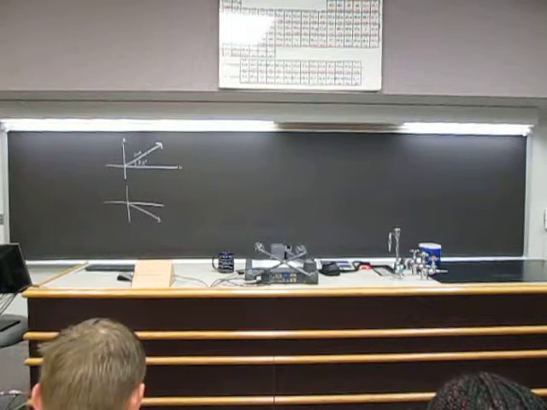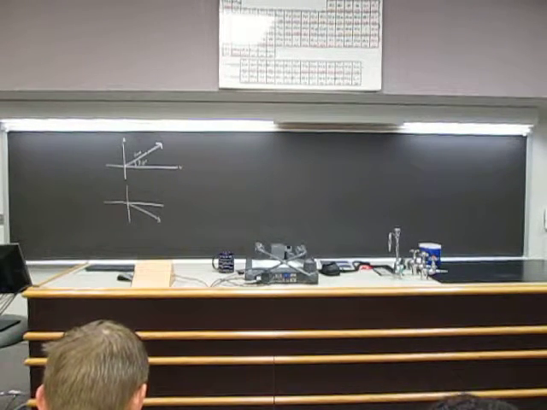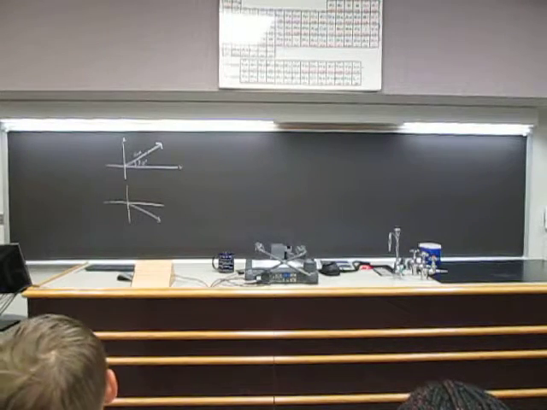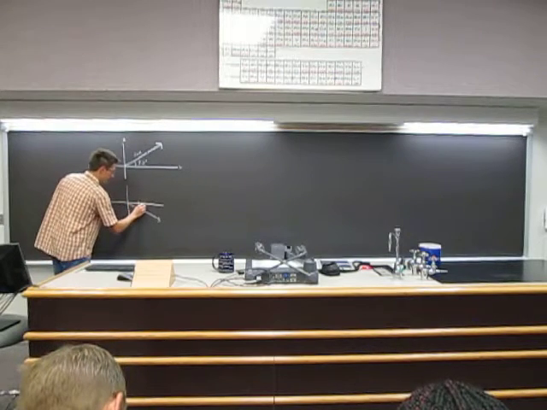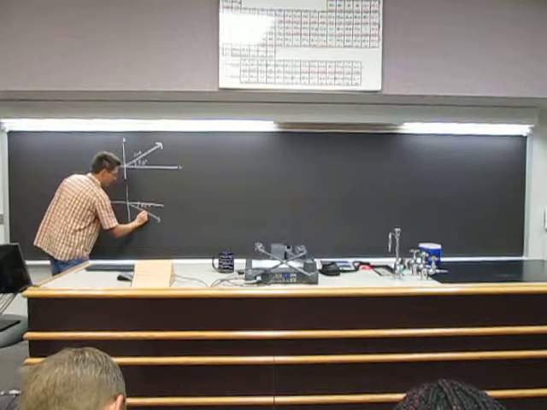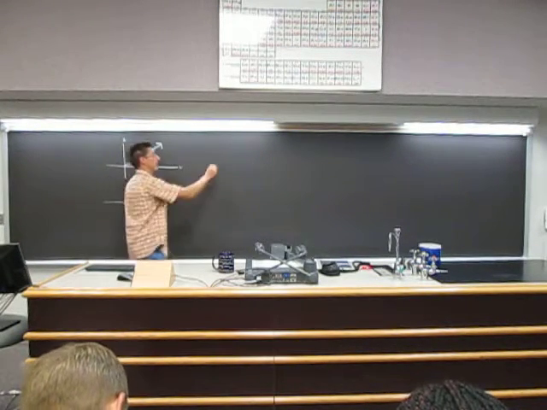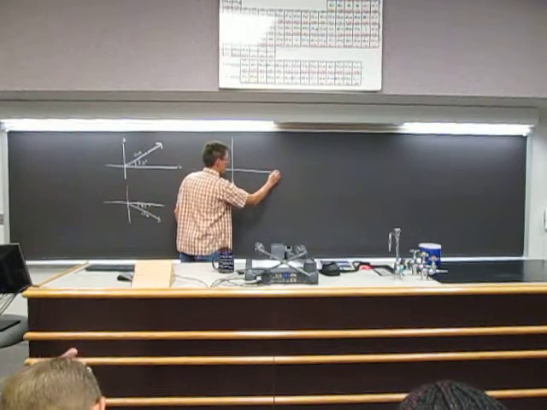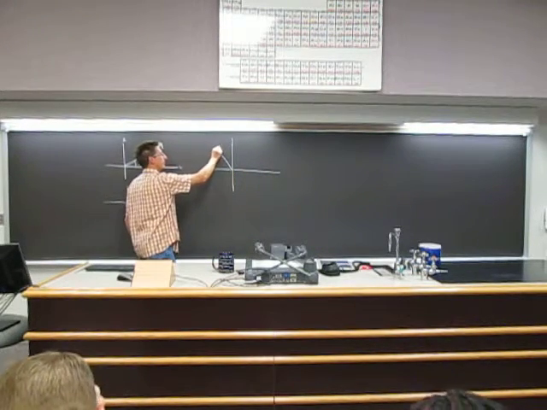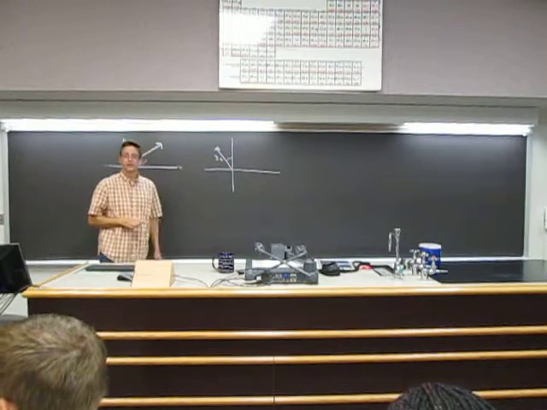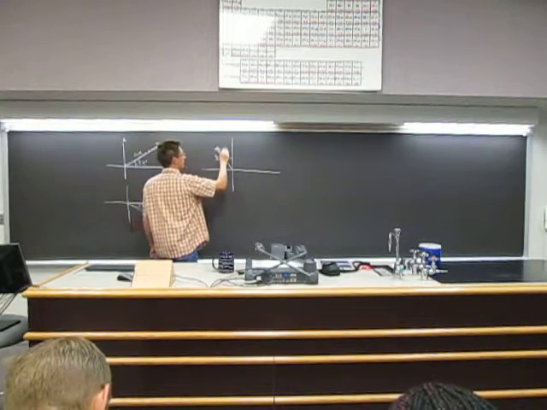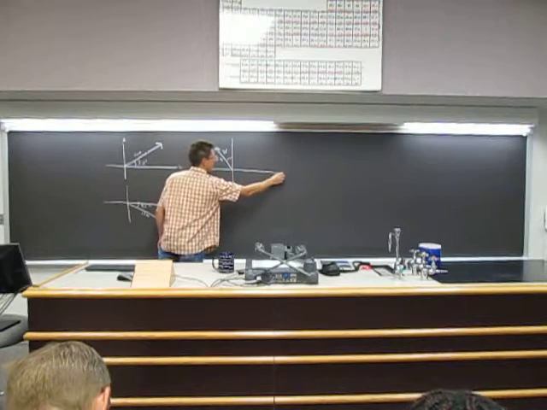Okay, let's look at how to do this. Vector A is 20 meters at 30 degrees. Vector B is 12 meters at 20 degrees. The third vector was 8 meters at 30 degrees over this way.